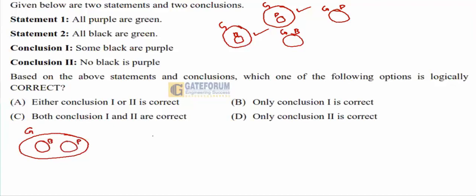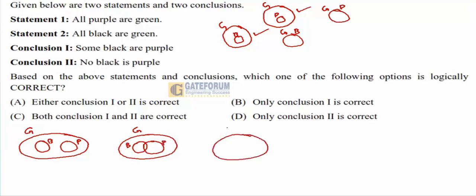We can get this one, or else we can get this one, or else we can get this, or else we can even get this one also. All four are possibilities. Now let us check the conclusions.